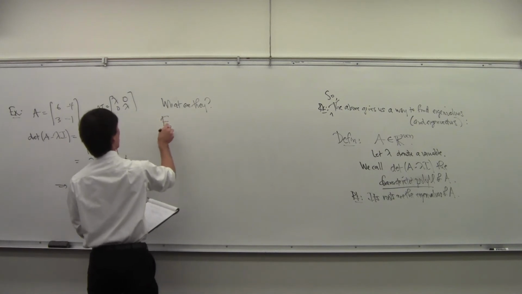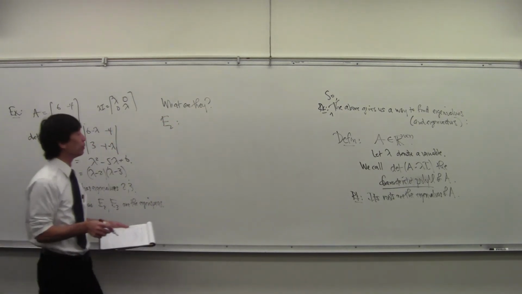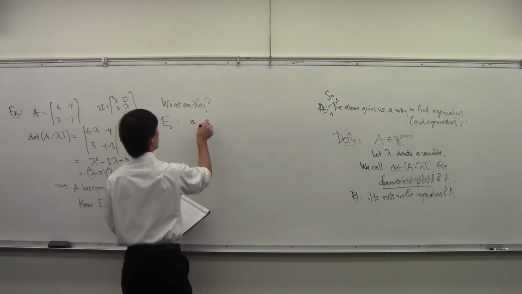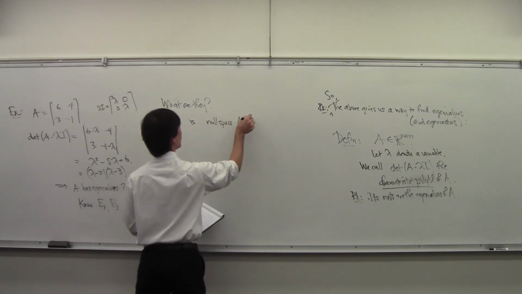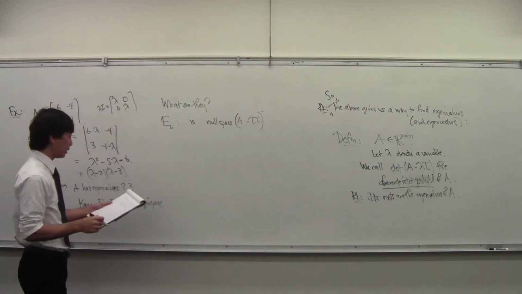Let's work it out. Remember, E2 is the null space of A minus 2I.